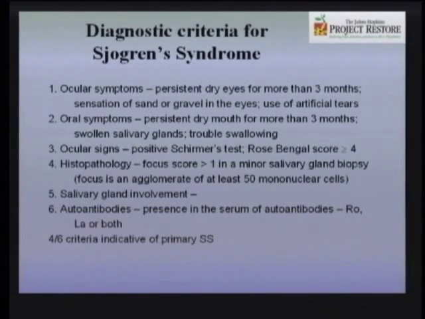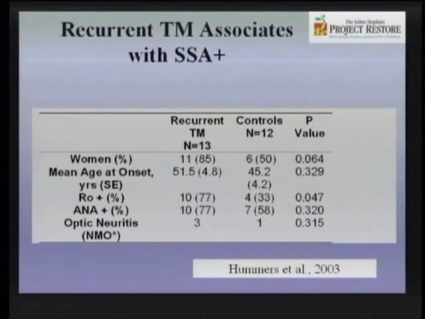Sjogren's syndrome, you will hear from Dr. Birnbaum, so I'm going to skip this for now. But we have also found that transverse myelitis is associated with antibodies that you often see in patients with Sjogren's syndrome. And so there's an overlap here.